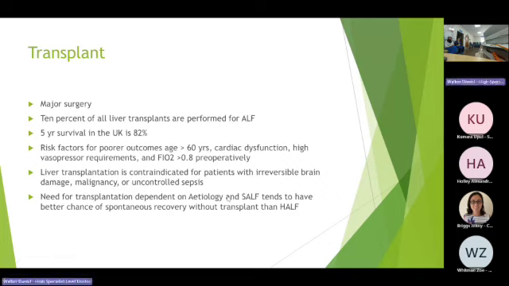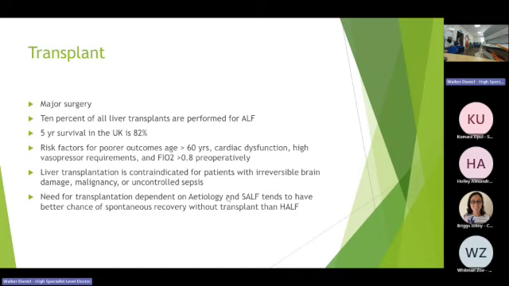And it does depend on the etiology. So that's the wrong way around, sorry. So it's hyperacute liver failure has a better chance of turnaround than subacute liver failure. So it was a bit late at night when I wrote that.